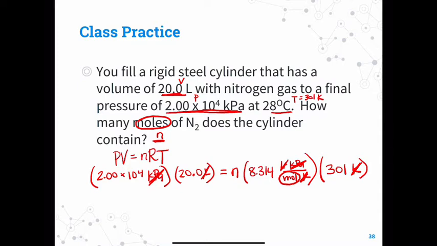And so now all we have to do is, just like you would in math, isolate the variable and solve for n, okay? So essentially what we're going to do is we're going to take these 2 values and divide them by those 2 values to get n by itself, okay?